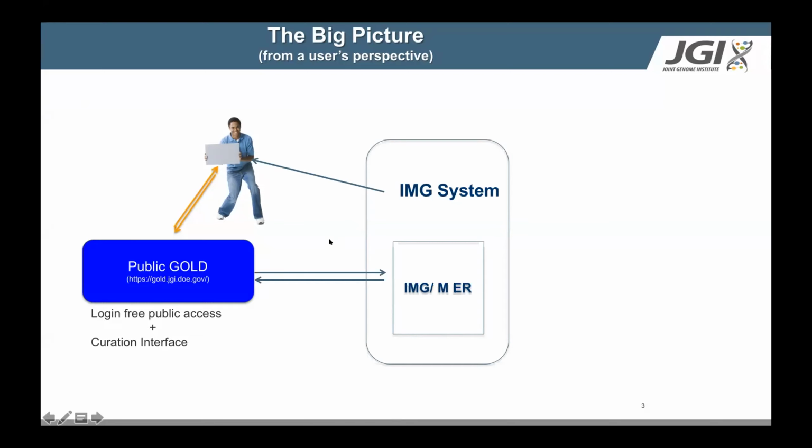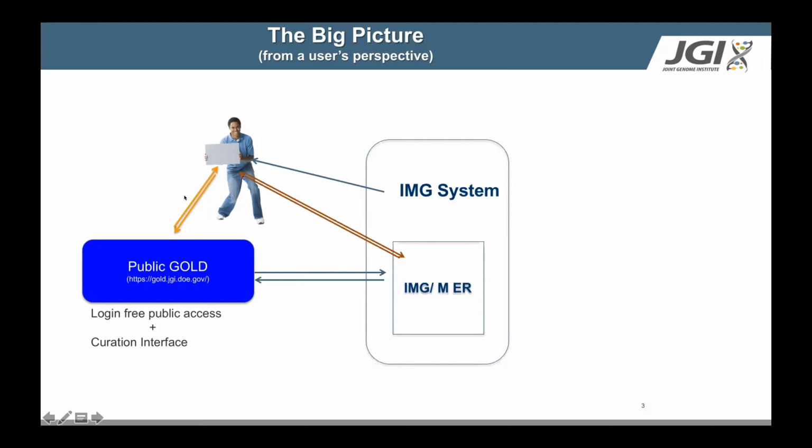The projects you entered in GOLD are available in the IMG submission system as soon as you create them here in GOLD. Once you submit the projects, you can come to the submission system to check on the status of your submission.